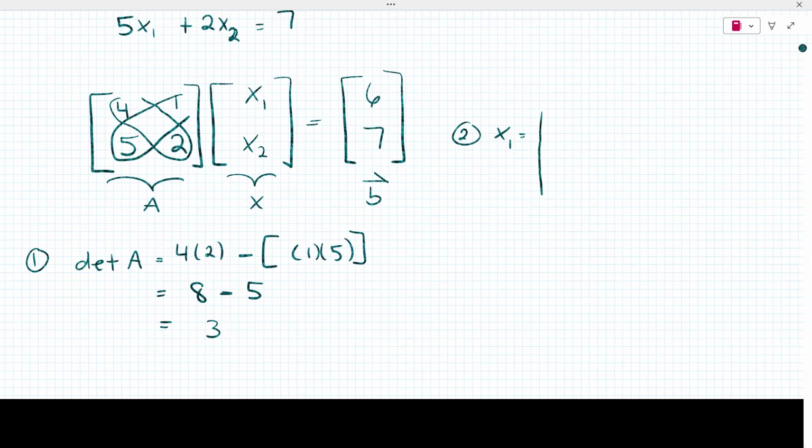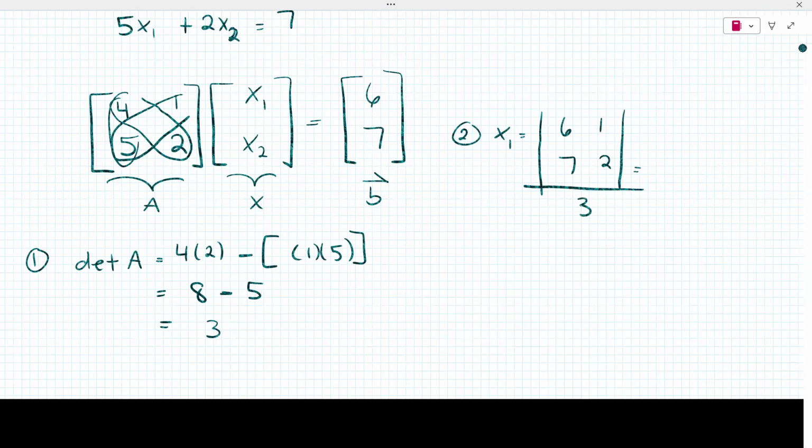You're not going to use the column 4, 5. Instead, you replace it with your b vector, so you replace that with 6, 7, and 1, 2 stays the same. Then divide by the determinant of A, which we just found is 3.